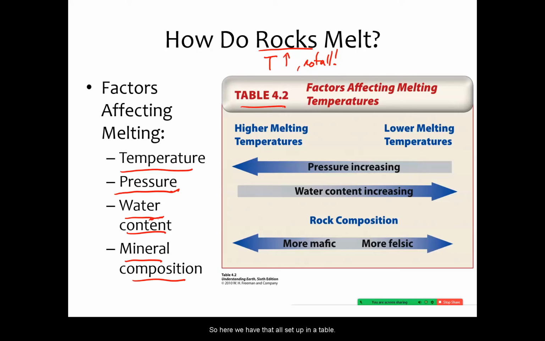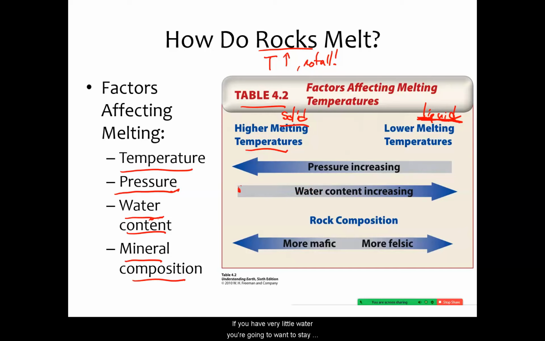And so here we have that all set up in a table. As you increase pressure, you get a higher melting temperature, so it stays solid more. Favoring solid is on this side, favoring liquid is on this side at lower melting temperatures. If you increase the pressure, you're more likely to be solid. If you lower the pressure, you're more likely to become liquid. That's key at divergent margins.